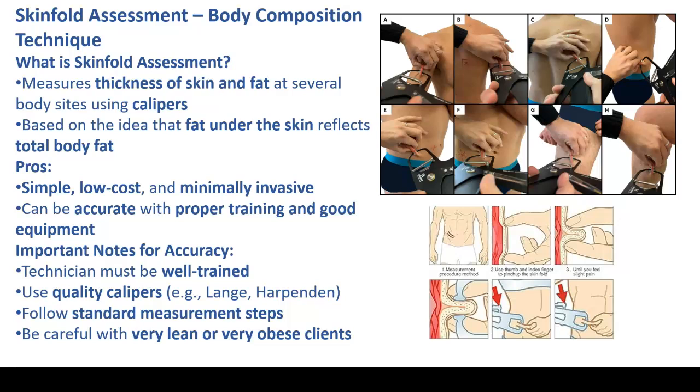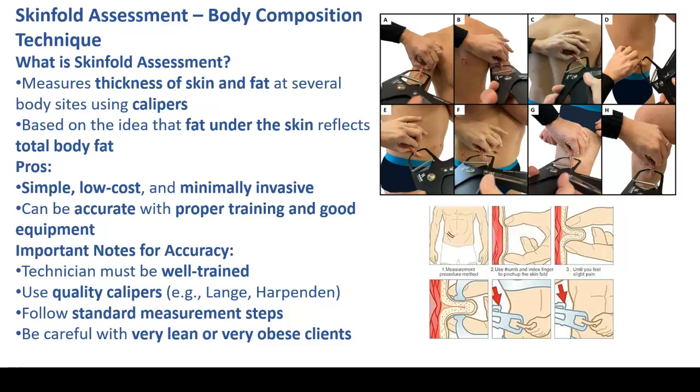And how does this work best? Basically, the person measuring must know exactly where and how to pinch. That's a key point. Another one is your caliper. The caliper should be high quality. It may not work well for people who are very overweight or lean.